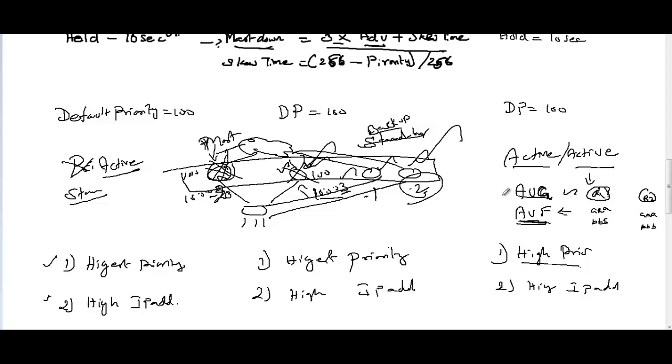Now what AVG does is, if there are 100 computers connected down here, AVG will determine how much load will go through R1 and how much through R2. Like 50 computers' data will go via R1, 50 computers' data will go via R2. Both will be forwarding.